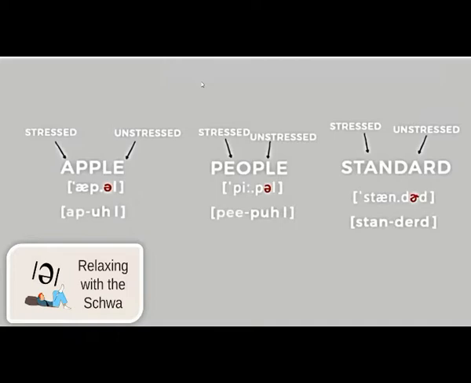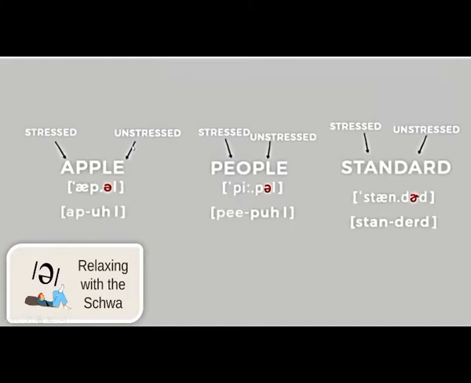Yeah, in the first syllable. The stress is in the first syllable, and the second sound is a schwa. The pronunciation of the schwa is apple. So there is a schwa, it's unstressed.